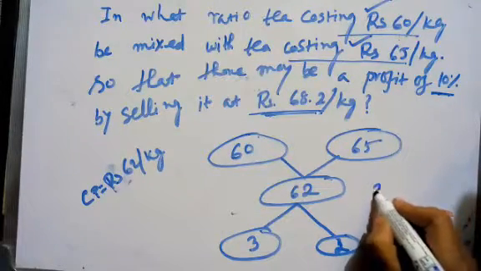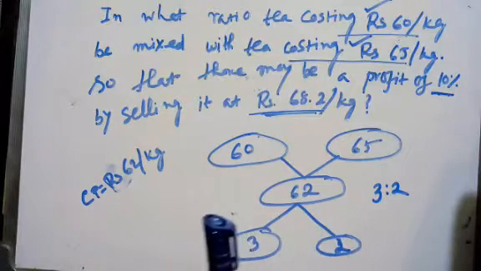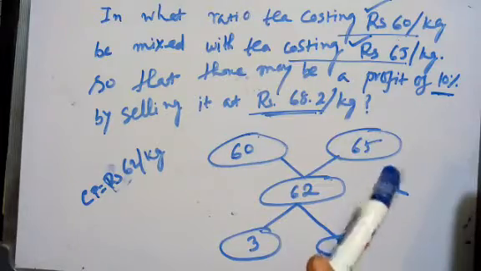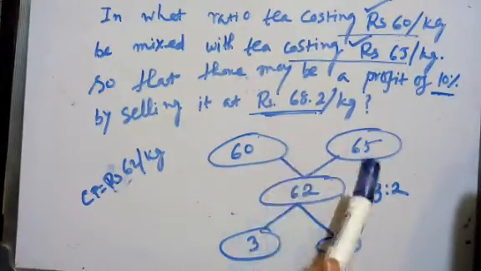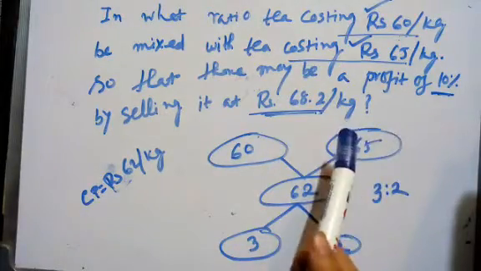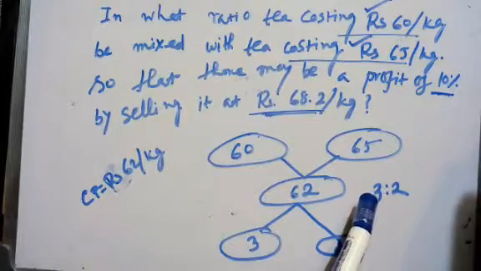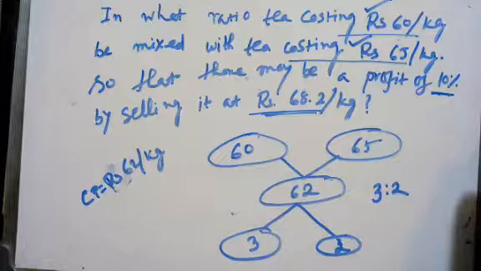So the ratio is 3:2. That means we can say that 60 rupees per kg tea and 65 rupees per kg tea are mixed in 3:2 ratio, clear.